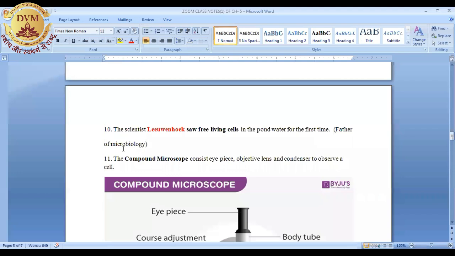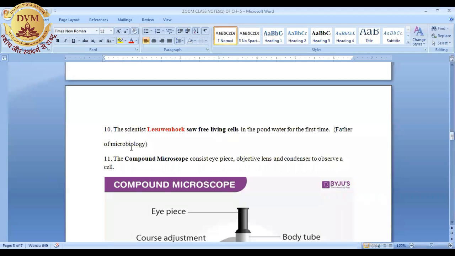And in 8th class, you have already read about microorganisms: the organisms which are very small and can't be seen with naked eyes. You have to use a microscope to observe them. So they were first observed by Leeuwenhoek, and he is known as the father of microbiology, right?